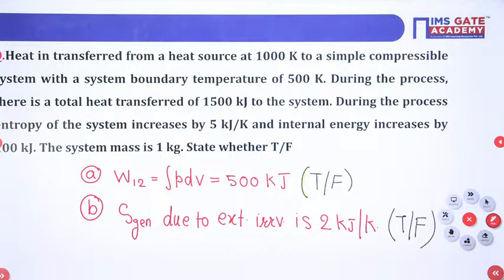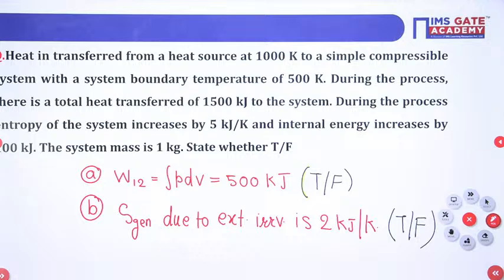During the process, entropy of the system increased by 5 kilojoule per Kelvin and internal energy increased by 100 kilojoule. The system mass is 1 kg. State whether the given two statements are true or false.